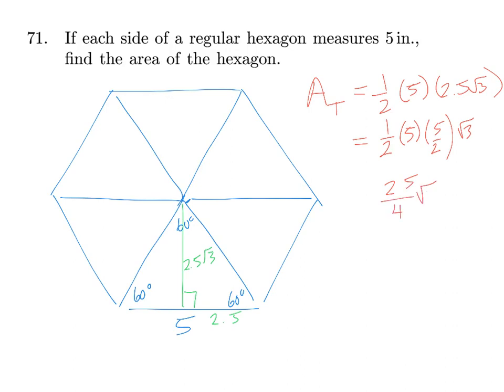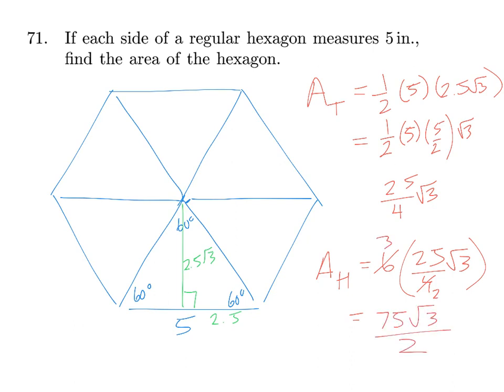So we're not dealing with any decimals in this case. The area of the hexagon is 6 times the area of the triangle, so 25 over 4 square root of 3. From this I get 2 and 3, so I get 75 square root of 3 over 2. That's inches squared. Done.